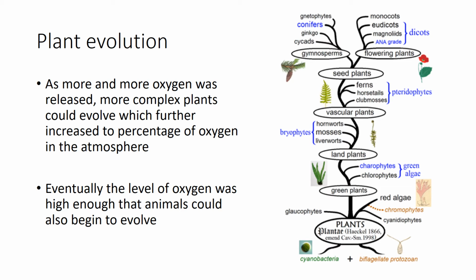As more and more oxygen began being released, more and more complex plants could evolve, and that meant more and more oxygen could be released, which meant more and more complex plants could evolve. And so eventually you've got very, very high levels of oxygen, and therefore the ability for more complicated organisms, and that is where we then start getting our first animals.